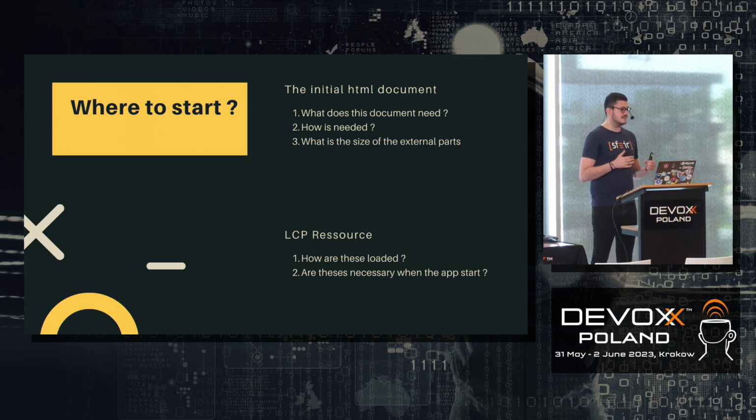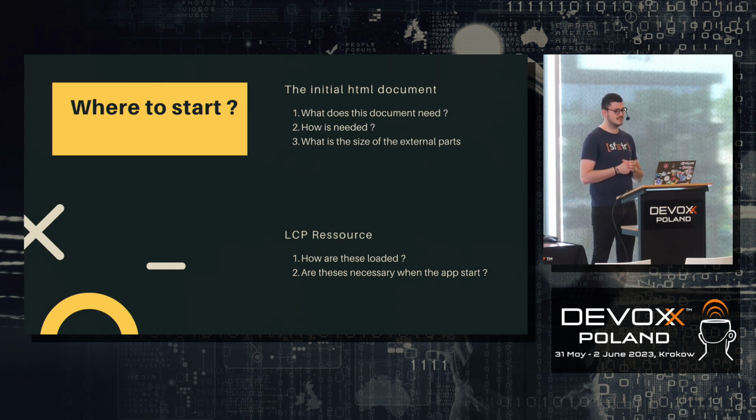So, as I said, the LCP represents the time it takes the browser to render the biggest block of text of your application or the largest image. So where to start when debugging LCP problems? Quite easy, it's on the initial HTML document. Let's say for this talk, the initial HTML document will be the index.html file. When you find it in your project, there are three important questions to ask yourself.